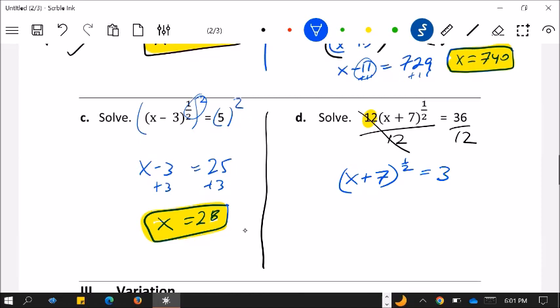Now, I could do this as the square root of x plus 7 equals 3, and then square both sides. Perfectly fine to do it that way. I just want you to see that there's another way to do that with these.